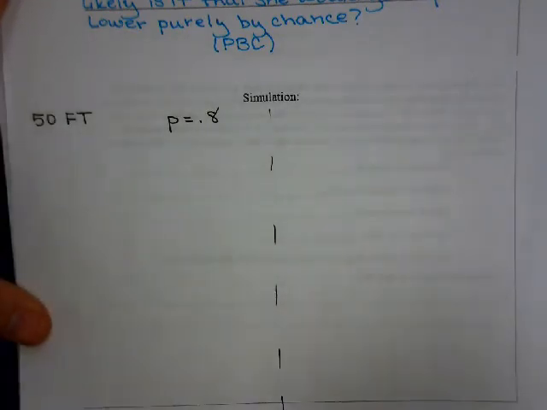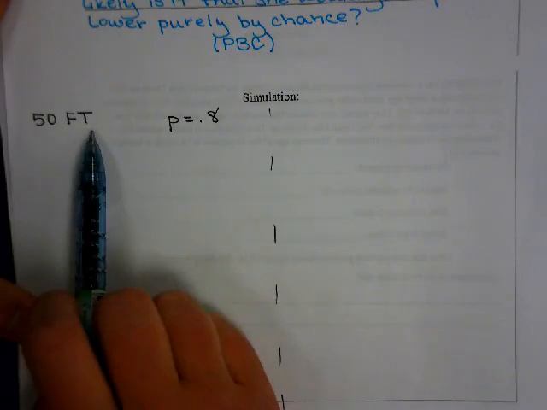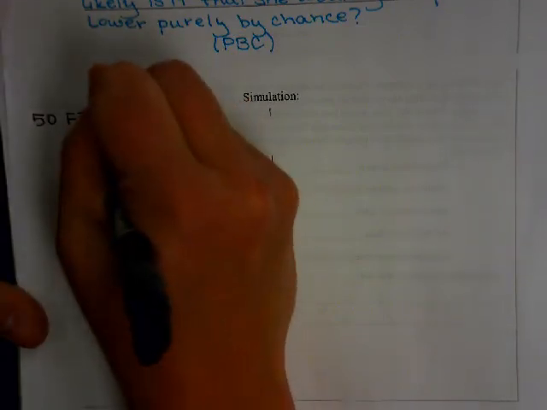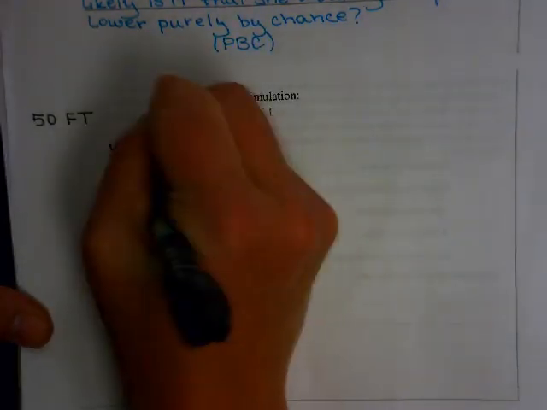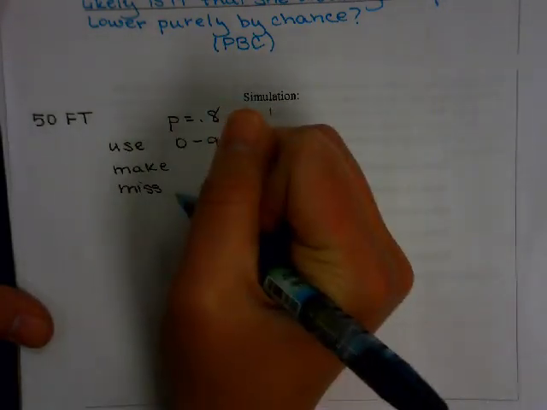So let's use 0 through 9, because that's 10 numbers. Anybody care what numbers mean make or miss? Miss should be 5 and 3. You're really going to make this difficult, aren't you?